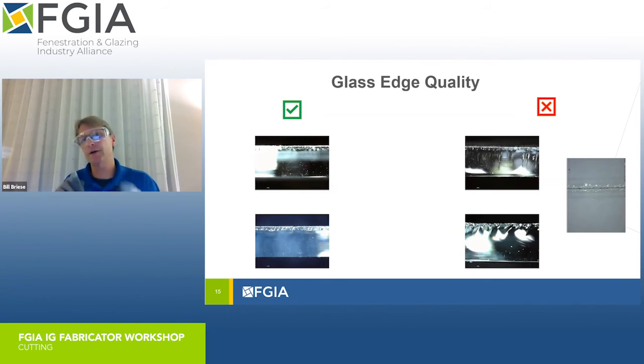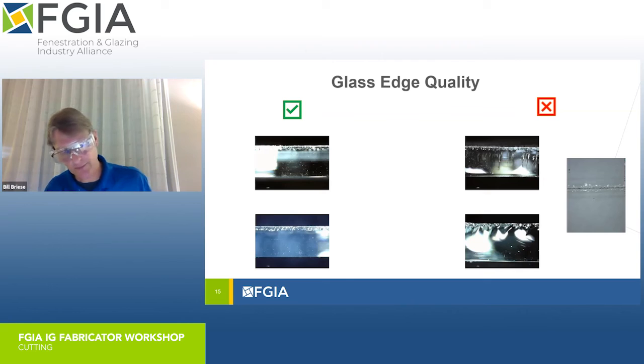So shark's teeth, all of these defects in the edge are possible stress concentrations for thermal expansion, thermal contraction. If you hit a glazing bead into your IG, it could stress the glass, and that could be an initiation point for a runner. Most glass breakage in the field, except if it's like a baseball going through the glass, initiates from the edge, from out of the sight of vision, inside the glazing pocket.